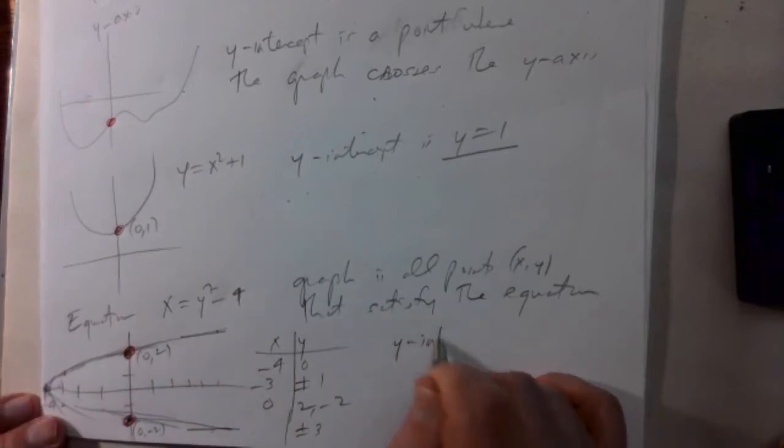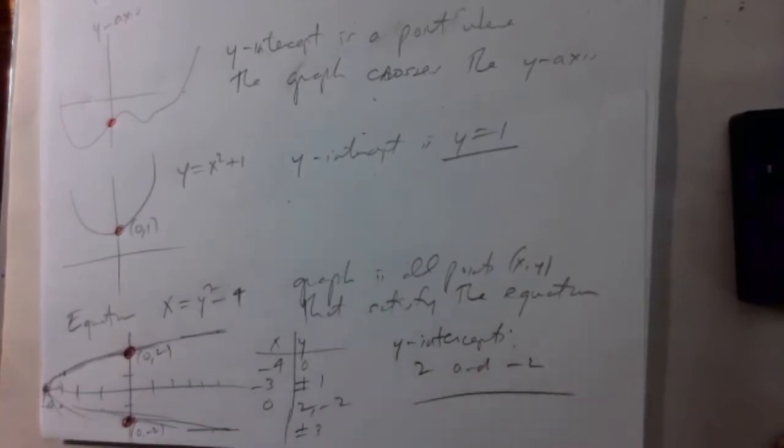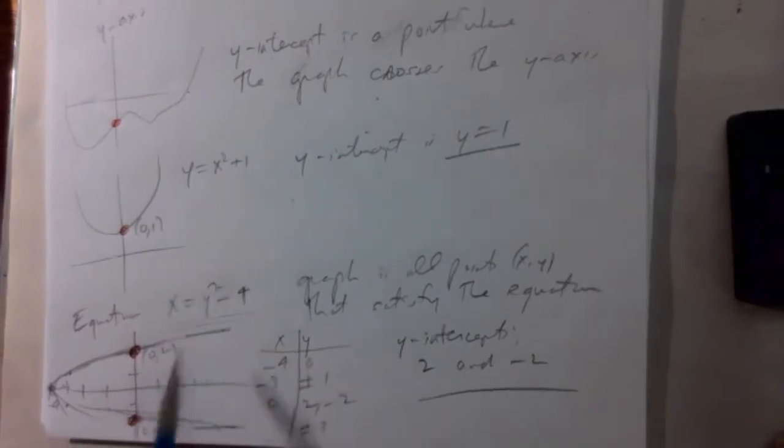So this graph has two y-intercepts, 2 and minus 2. So if you have some function of x and y, for example, some polynomial of x and y, and you get all the points in the plane that satisfy that equation, that's what is called the graph of the equation. And you can have more than one y-intercept.